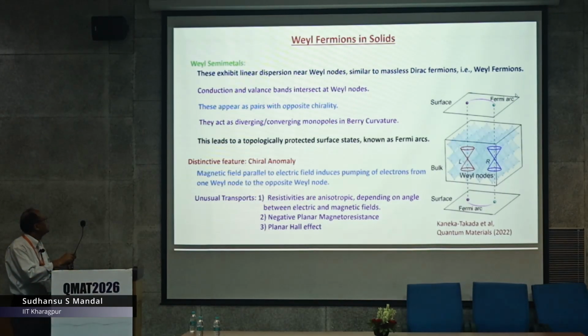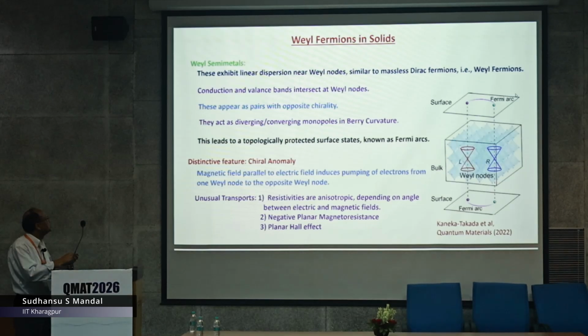So, Weyl semimetals. This is a cartoon of Weyl semimetals. You can see that they have Dirac-like nodes, but the chirality has been differentiated. This is left-handed chirality and this is right-handed chirality, with Dirac-like dispersions.